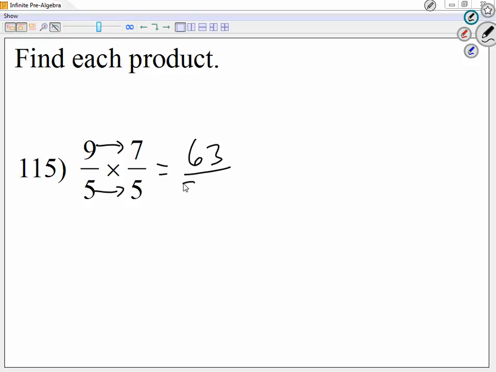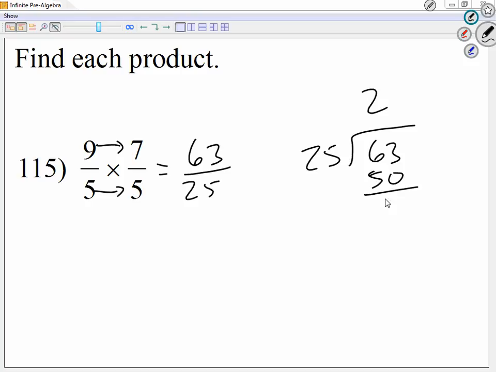I get a 25 at the bottom, right? 5 times 5. I have an improper fraction, so let me go 25 into 63 goes in 2 times, because 25 times 2 is 50. When I subtract, this is 13. So my fraction will be 13 over 25.